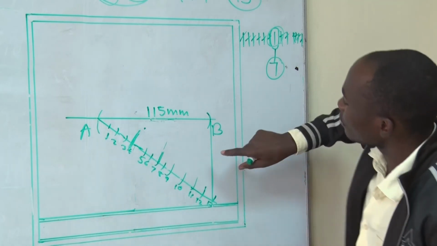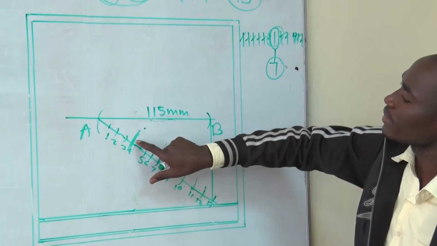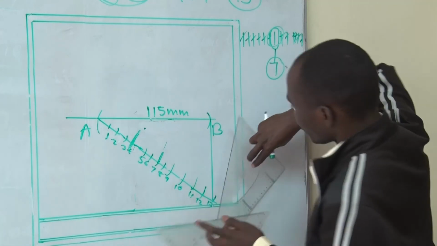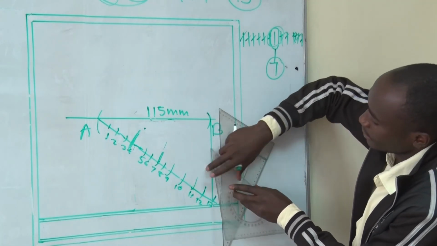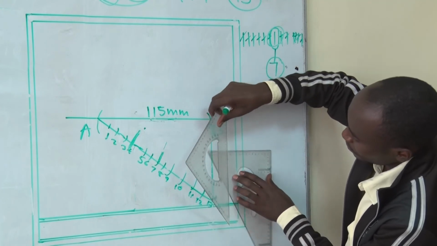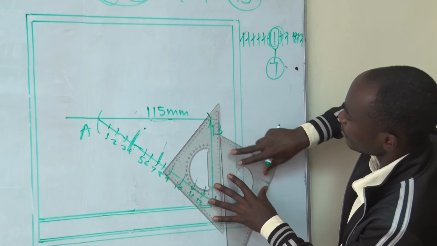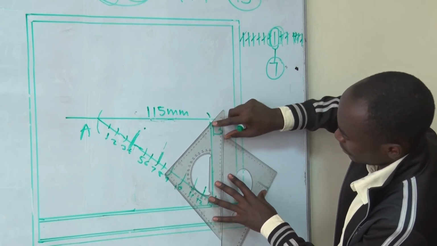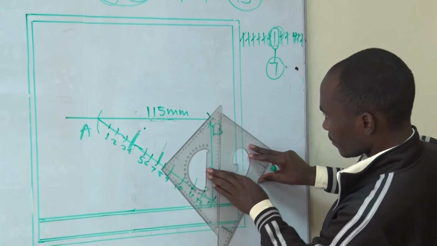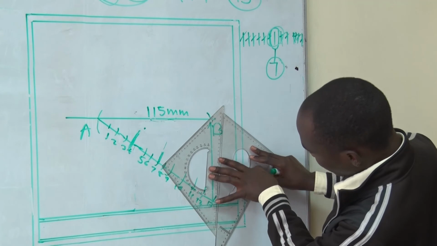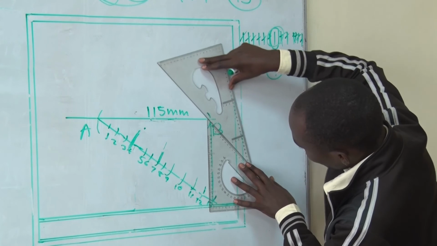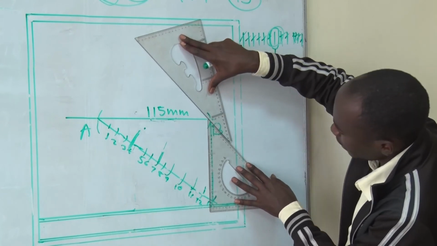So after that, you need to draw a line which is parallel with this other line. So you take up your set squares again, like this. Let me assume you have just extended. So it is like that.